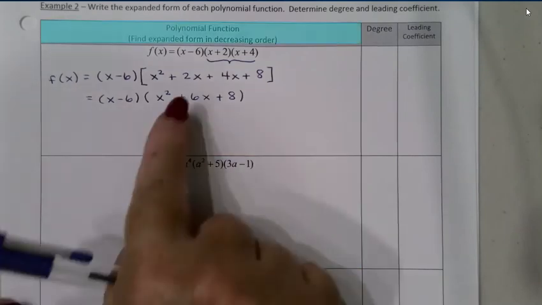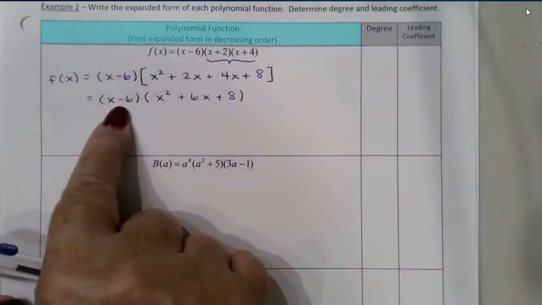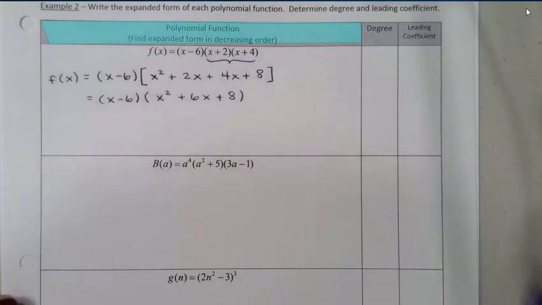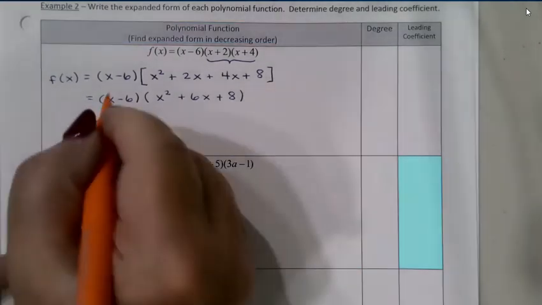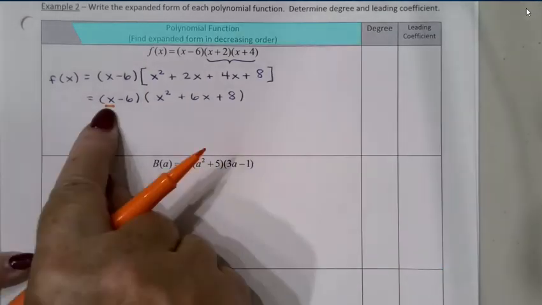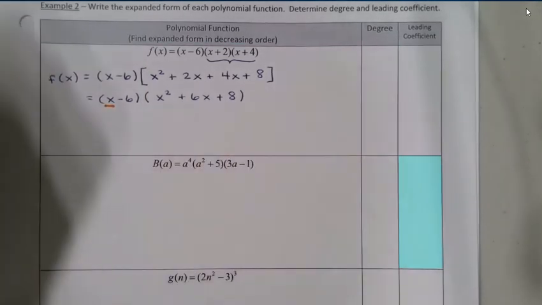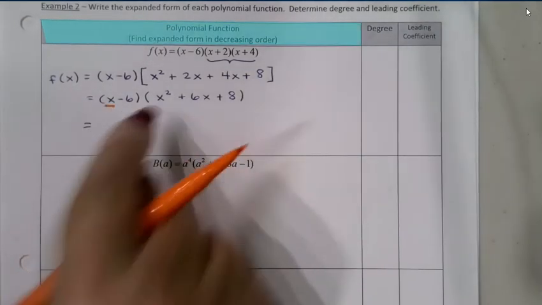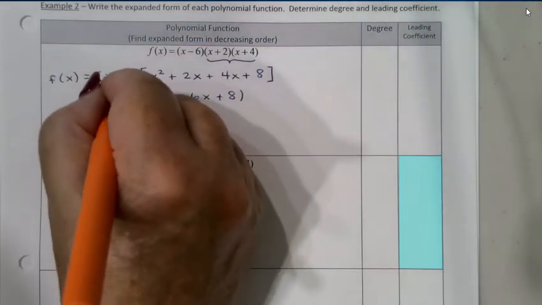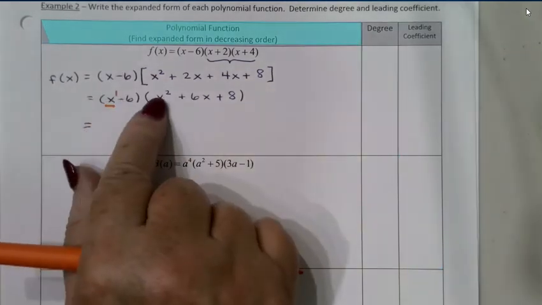All right, now that I've got that done, now I'm going to multiply the x minus 6 into what's left. And you're just going to do this in 2 pieces. I'm going to start by taking the x and distributing that all the way through. So x times x squared, remembering that this is really x to the first. We're going to use that rule about adding the powers.